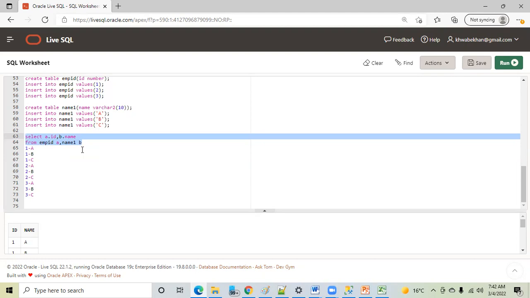We don't have much use case of cross join, but you ping me those ones and I will look into that. Of course, in a few places I've used it. You ping me those scenarios and I will explain.